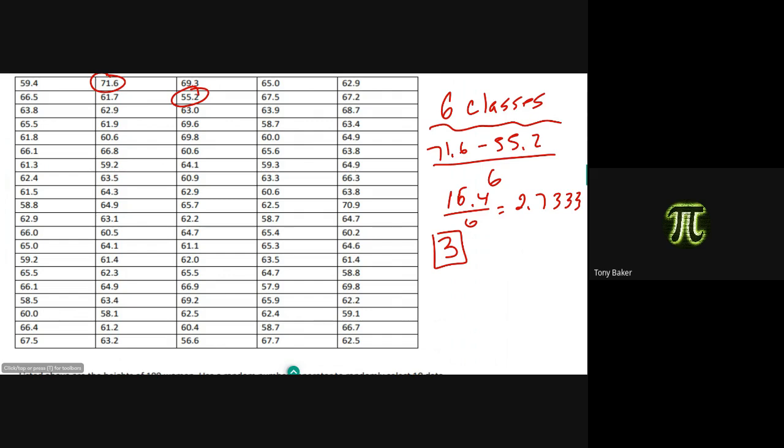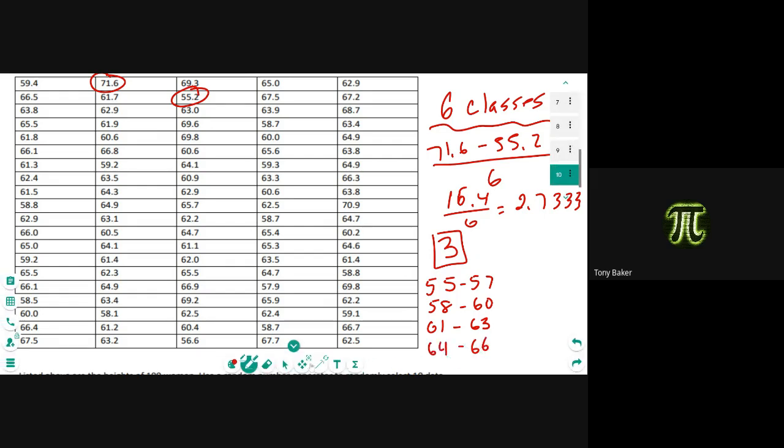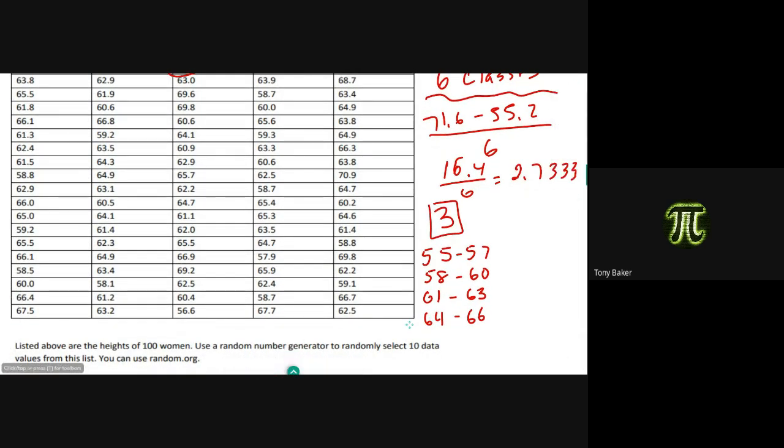All right, so where do we want to start? Yeah, let's start at 55. So 55 to 57, 58, 61 to 63, 64 to 66, 67 to 69.